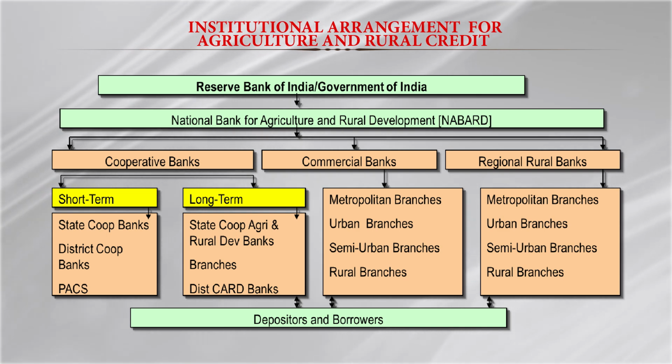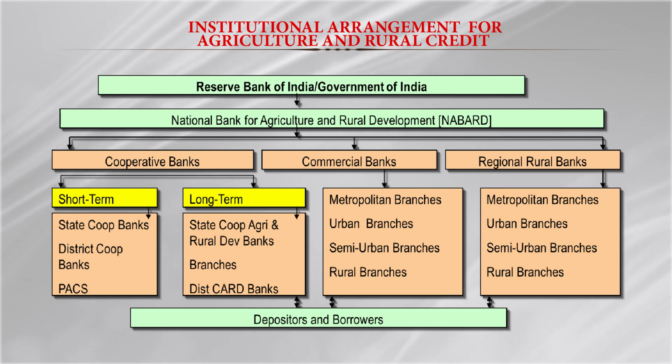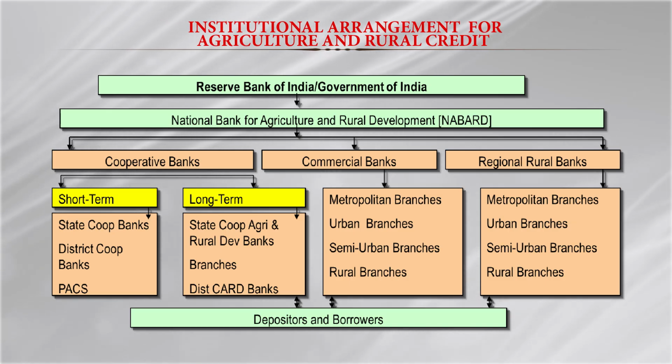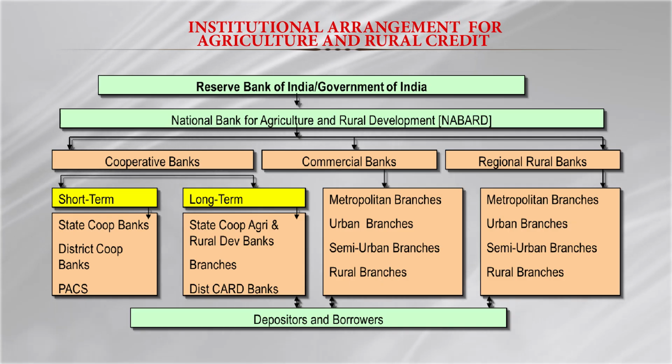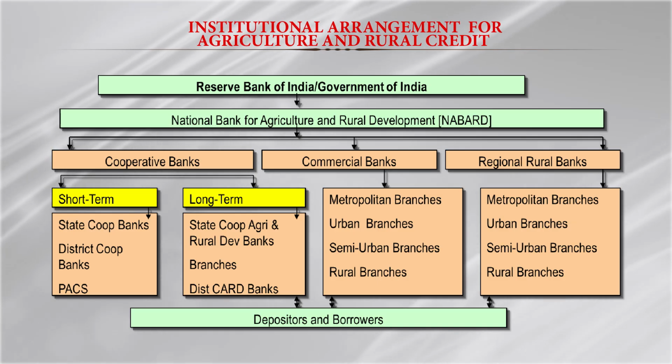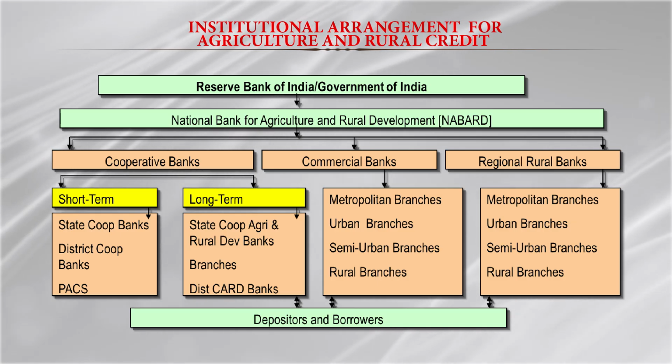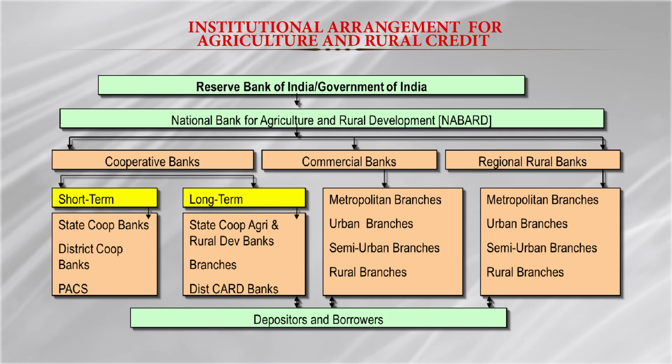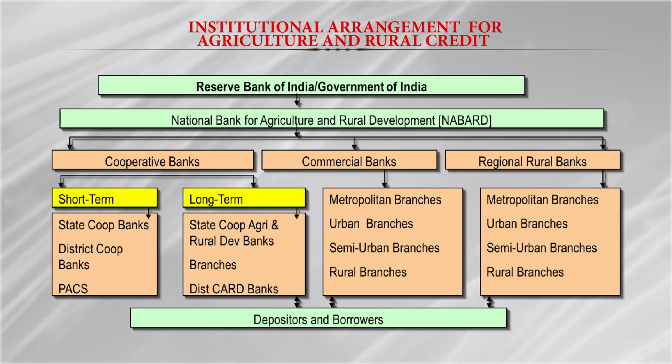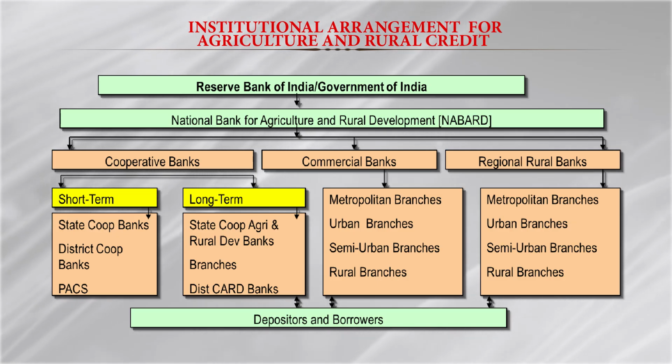And these cooperative banks, commercial banks and regional rural banks do all types of activity. They also collect deposits from members and customers, and they also provide loans to members in the case of cooperative banks, or to customers in the case of commercial and regional rural banks. So they do both types of activity, depositing and providing loans.